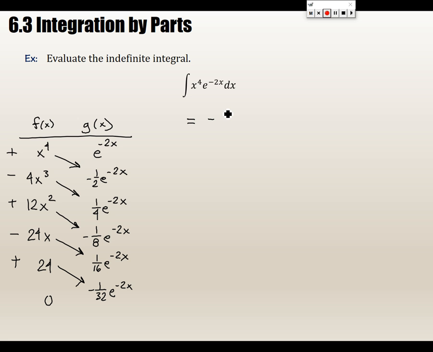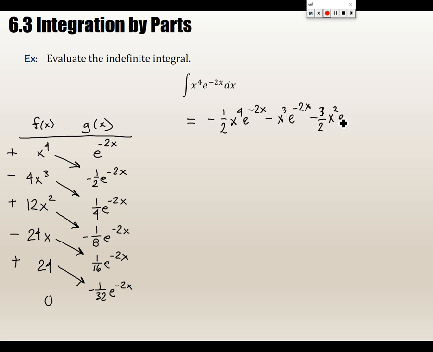So we get -1/2 x to the 4th e to the -2x. Minus x cubed e to the -2x. We'll multiply the 4 and the -4, sure. Minus 12/8. You want to simplify that? We'll write 3/2, I guess.